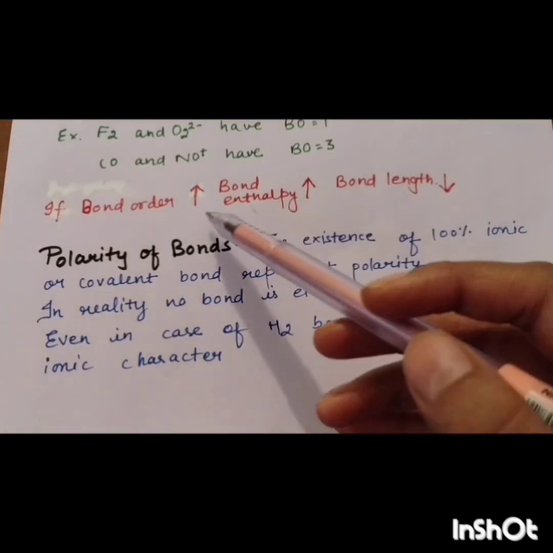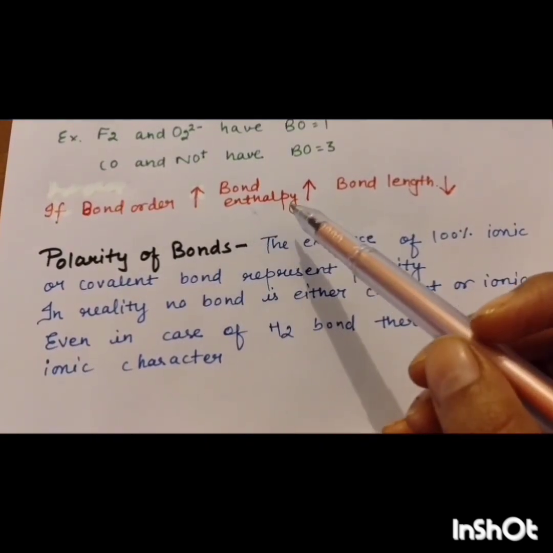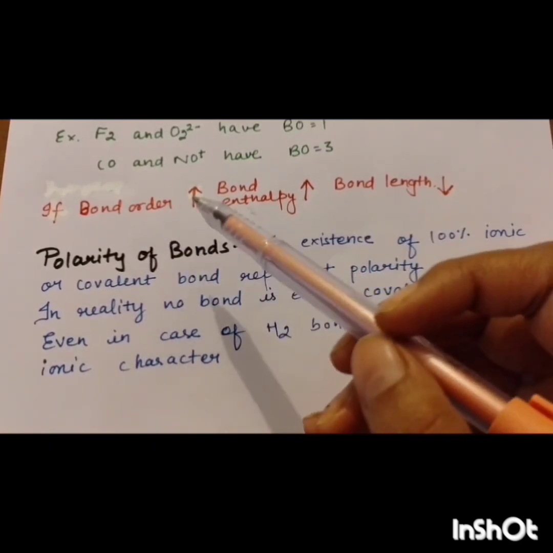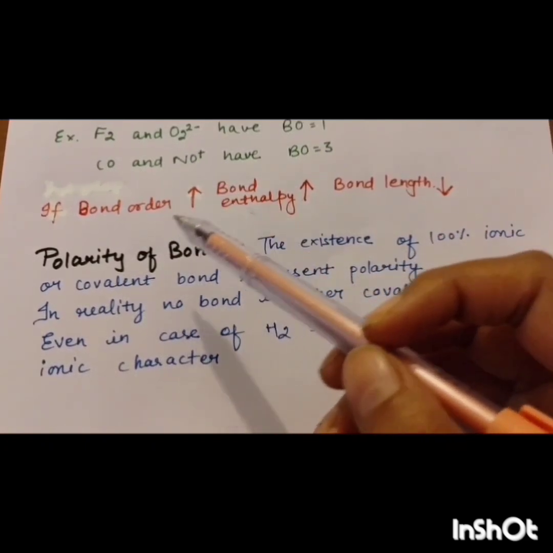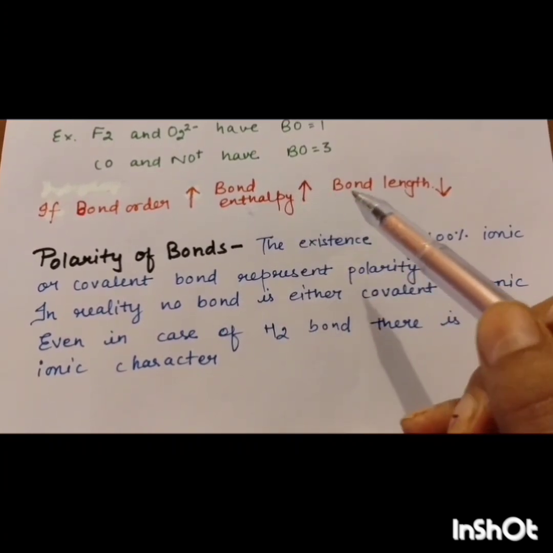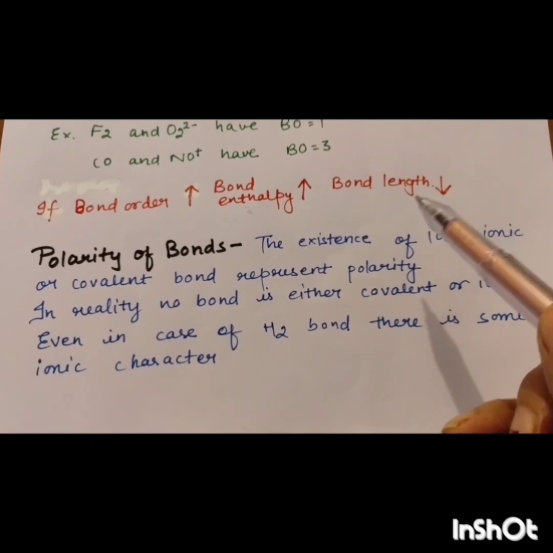Now the correlation between bond order, bond enthalpy and bond length. If bond order increases, then bond enthalpy also increases and bond length decreases.